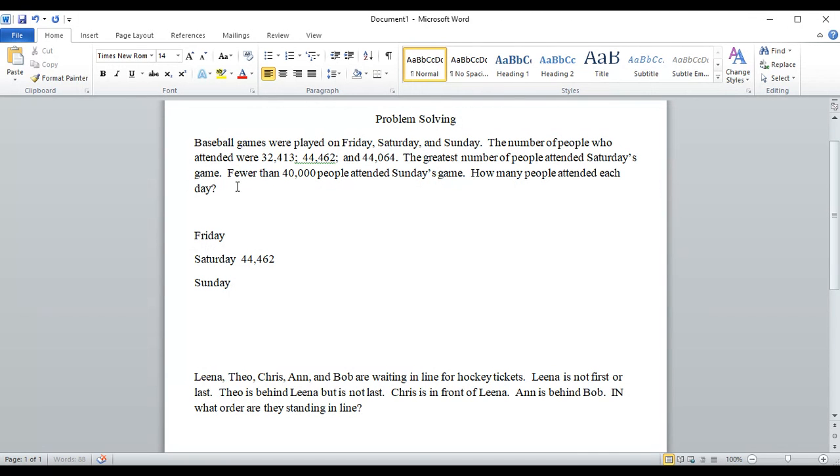Then it says fewer than 40,000 people attended Sunday's game. So I've used this number. I am going to cross it out. I've used it. Now I have to decide between these two. And the information I have says fewer than 40,000 people. Which one of these numbers is fewer than 40,000? This one is. And it said that number attended Sunday's game.